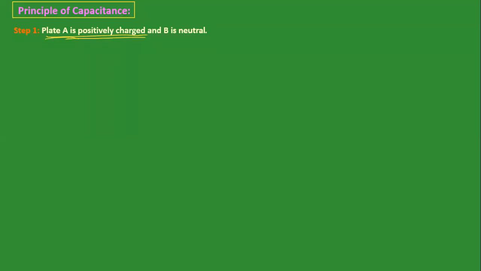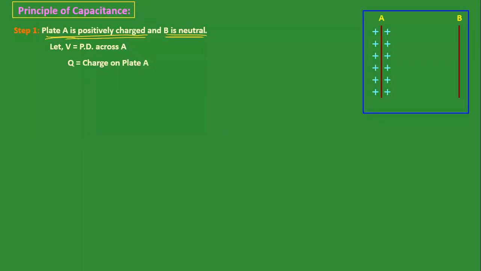And one more plate we consider, B, which is neutral, no charge on it. V is the potential difference across plate A, and Q is the charge on plate A.